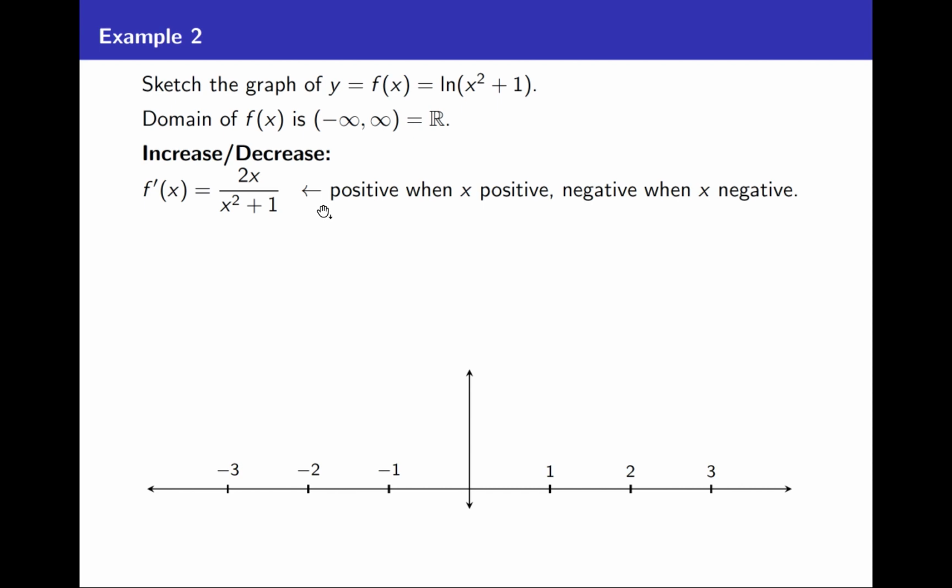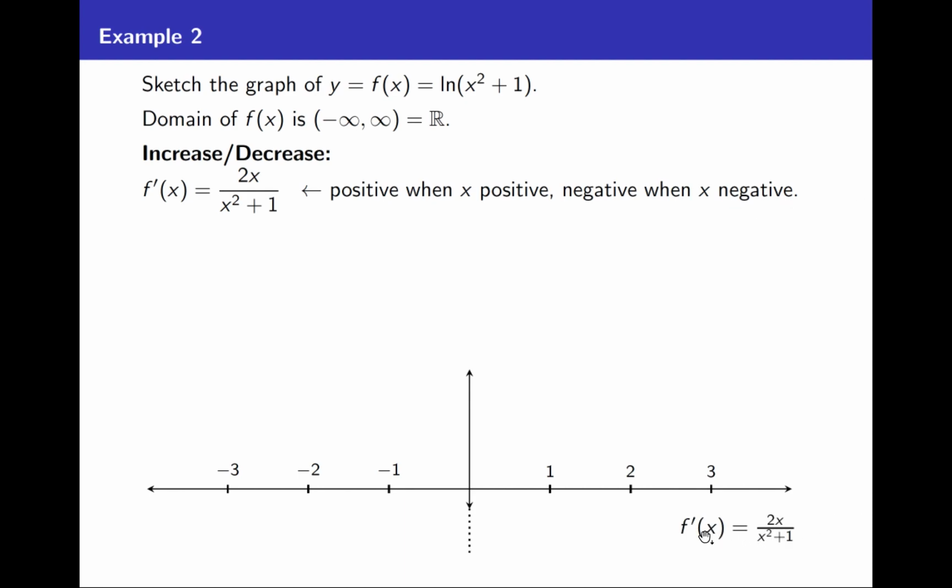That's easy to think about the sign of because the sign is entirely influenced by the numerator, 2 times x. The denominator, x squared plus 1, is always positive. That 2 times x is going to be positive when x is positive and negative when x is negative. And the denominator is always positive. So f prime of x is positive when x is positive and negative when x is negative.